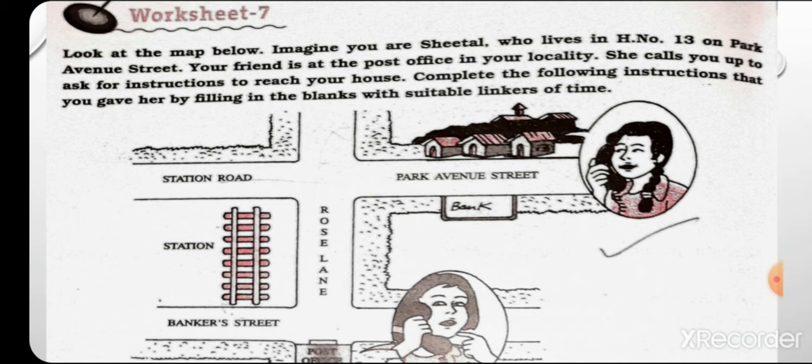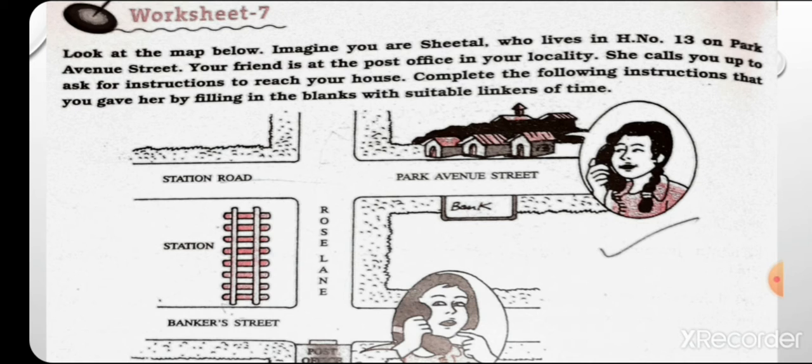For example, beta, how can we complete? Reaching my house is quite simple. Step onto the Banker Street and look straight ahead. You will see the Rose Lane. Now cross the Banker Street and walk along the Rose Lane. After you have walked about 100 yards, you will reach a crossing.